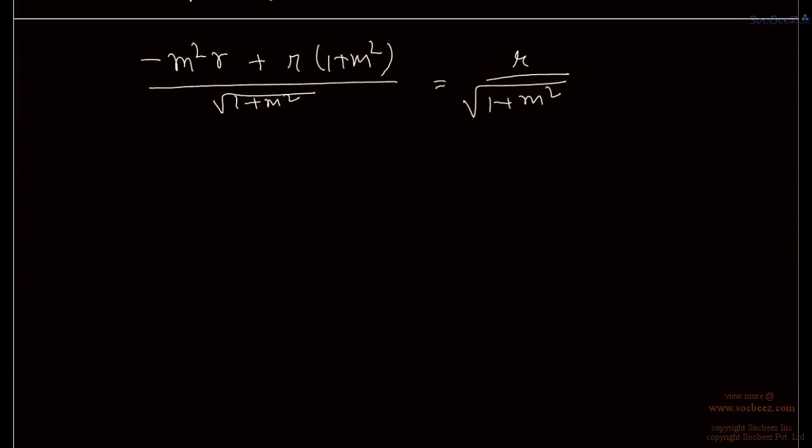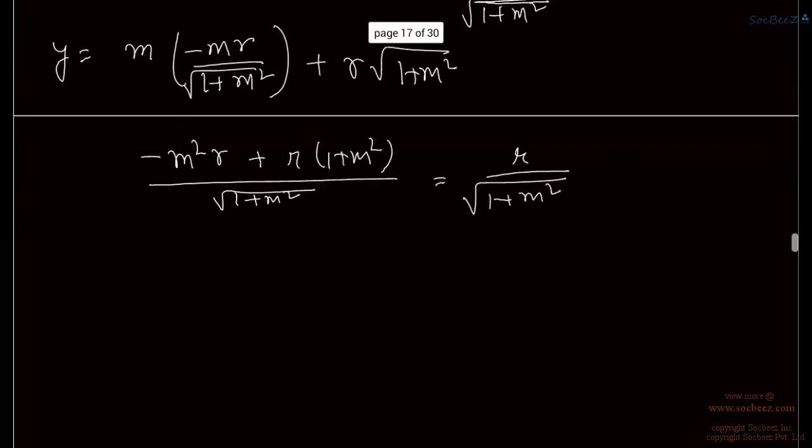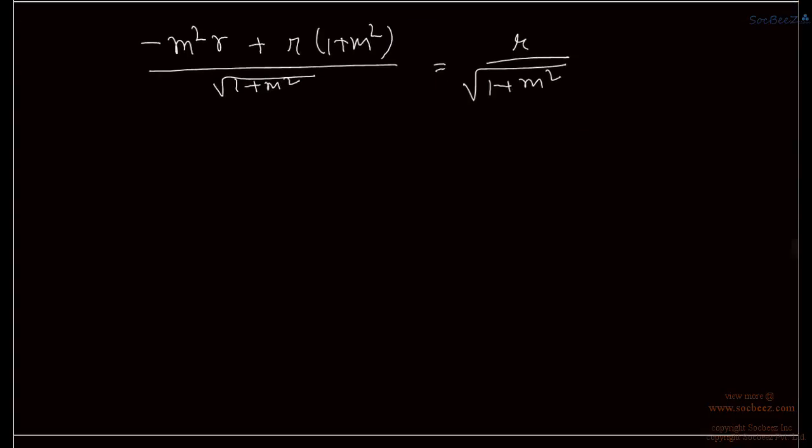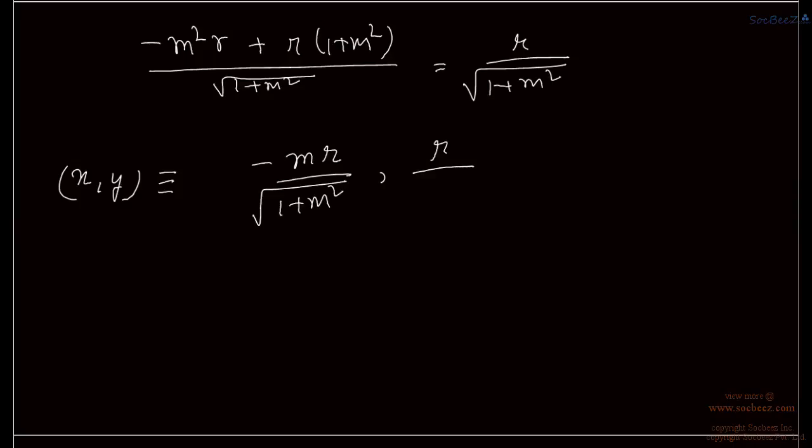So the point of contact, say (x, y), is (−mr upon √(1 + m²), r upon √(1 + m²)).